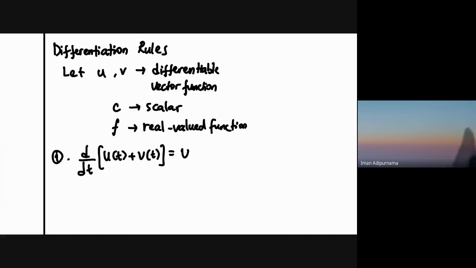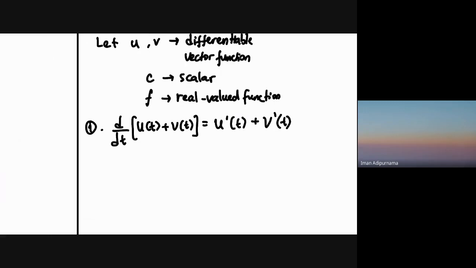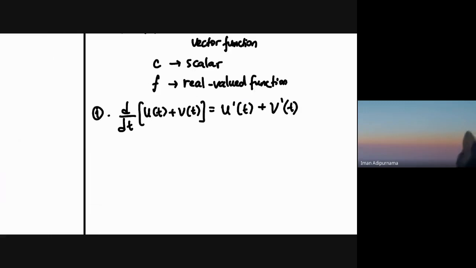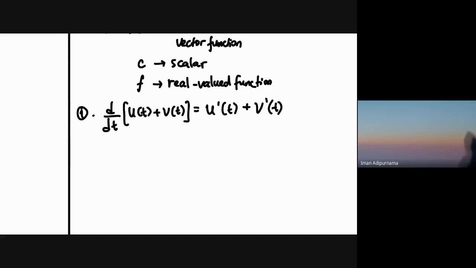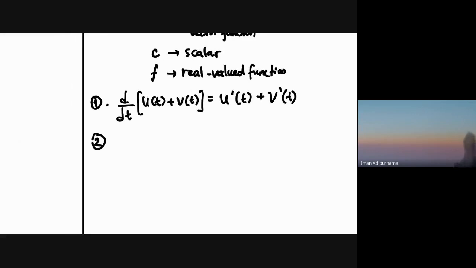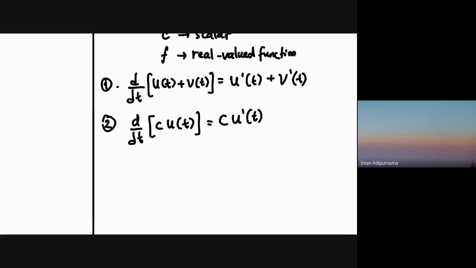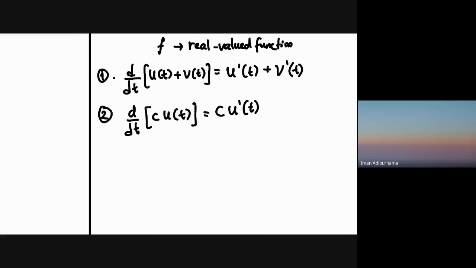So basically, you are differentiating each vector function. Nothing too complicated here. Second, you multiply with a scalar. Then it will be the same, just multiplying the scalar.